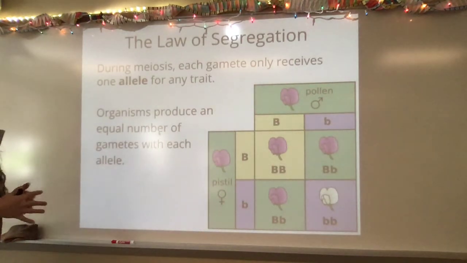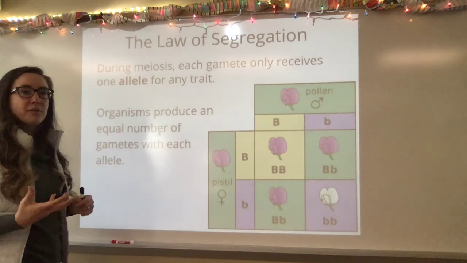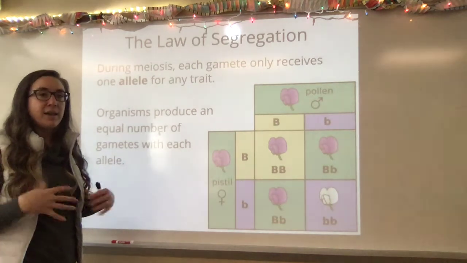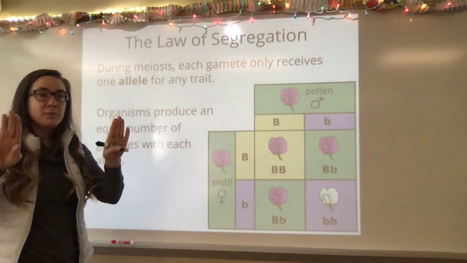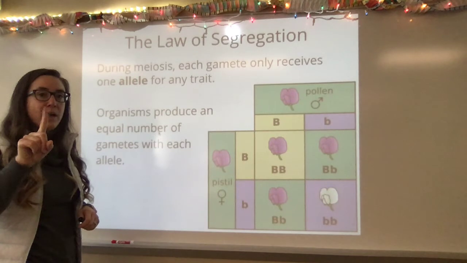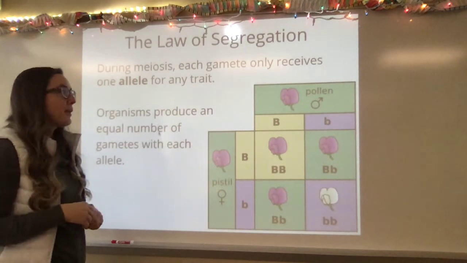So when we think about meiosis as well, because we are creating those haploid cells, what we know today is that those 2 homologous chromosomes separate. And so in each one of our gamete cells, we are only putting one of the 2 alleles for each trait that we have.